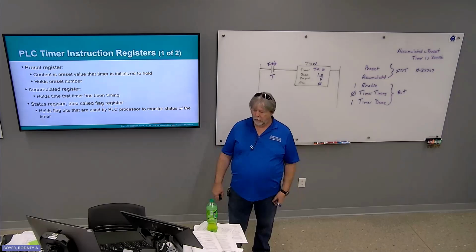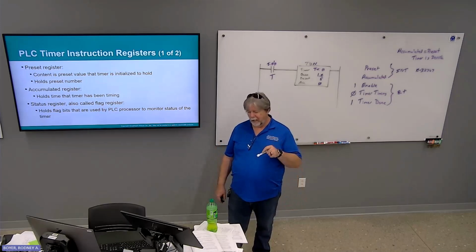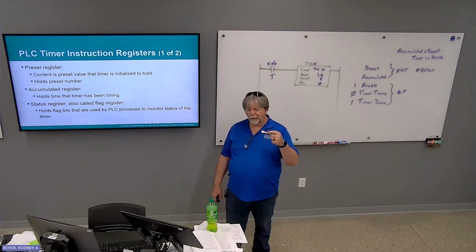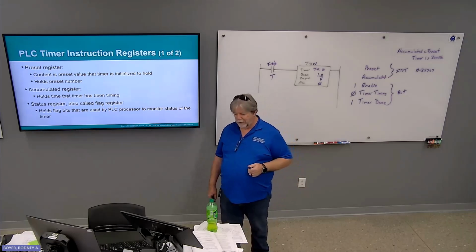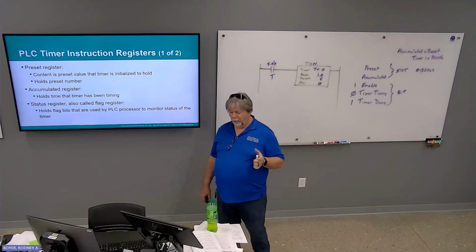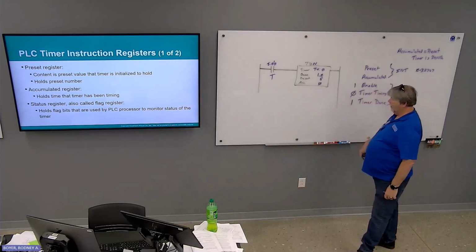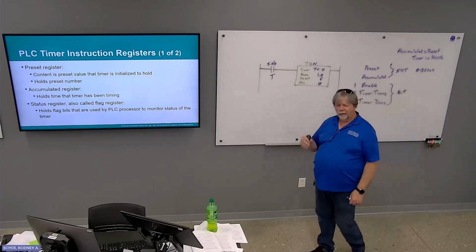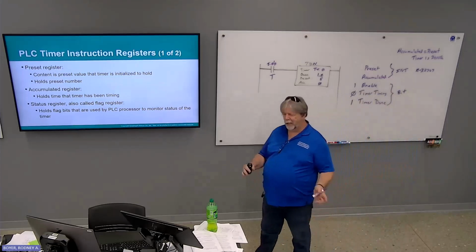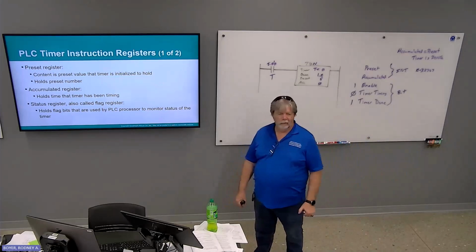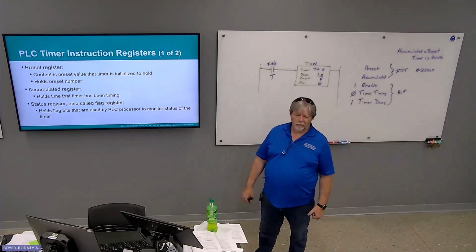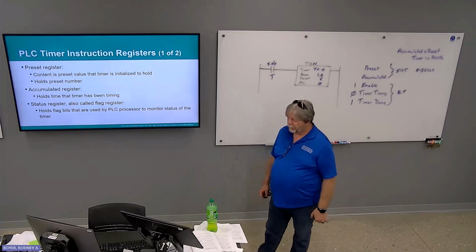The accumulated value or register is the time that has passed since the timer started timing. The status register will hold the flags for enable, timer timing, timer done. There are some others in there for error checking and that kind of stuff, but we never concern ourselves with those because they are very rarely used.